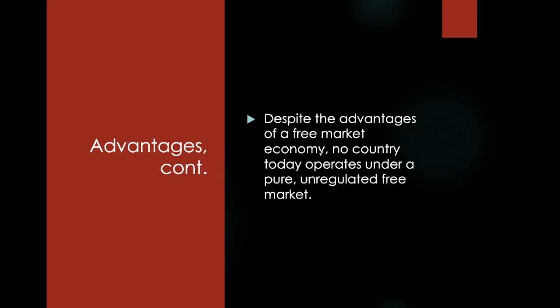So even though there are so many advantages that we look at for the free market, today we really cannot define any country that exists under a completely unregulated free market. So in further videos, we're going to look at different kinds of markets that exist that do have an ounce, an essence of regulation, because there have been things that have arisen within the history of free markets and capitalism that showed that incentive and self-interest don't always drive the market completely in a self-regulating way, and that some intervention is necessary.